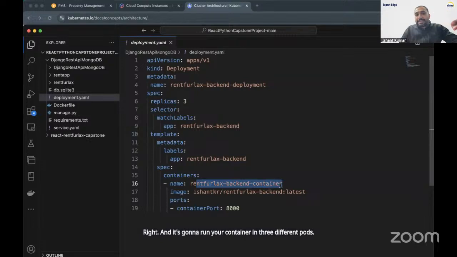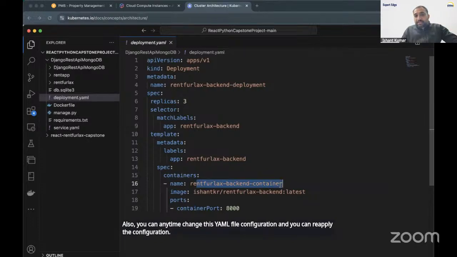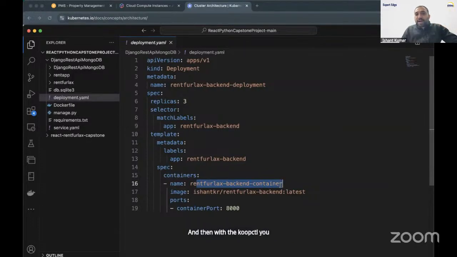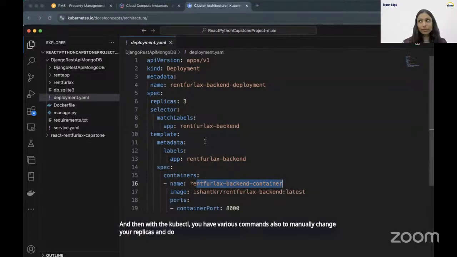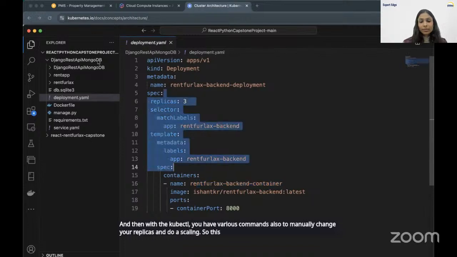Also, you can anytime change this YAML file configuration and you can reapply the configuration. And then with kubectl, you have various commands also to manually change your replicas and do a scaling. So this is how the auto scaling can be configured.